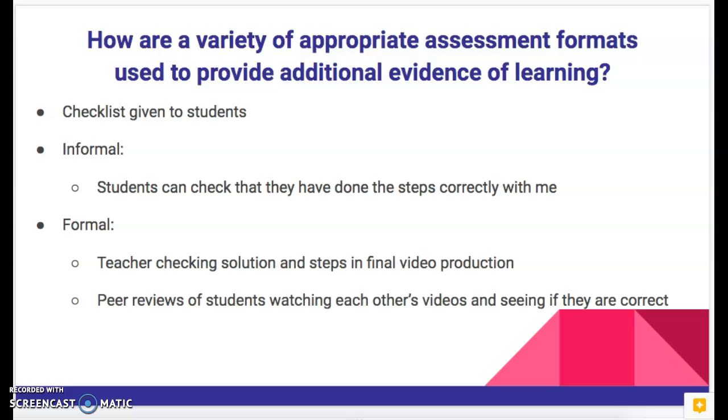And then another formal assessment was the peer reviews, where students watched each other's videos and tried to solve them. And often they would see if a student was correct or not, because either their work was way off or exactly the same.